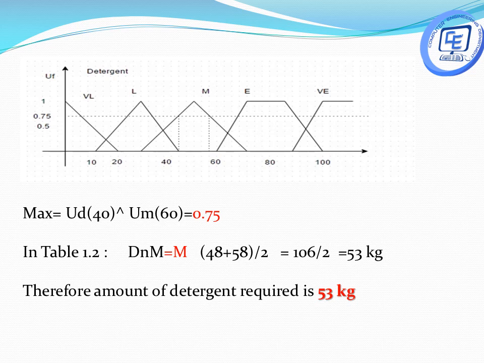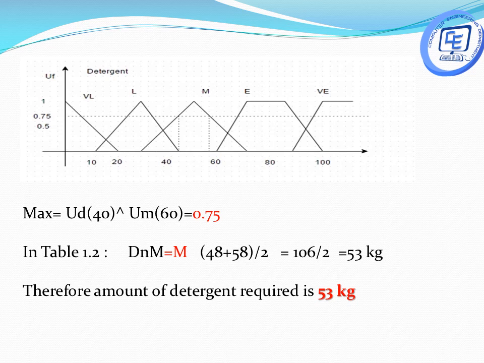Now we observe where the medium parameter intersects the 0.75 membership function. It intersects at two particular points, and from these two points we draw downward lines to the x-axis.